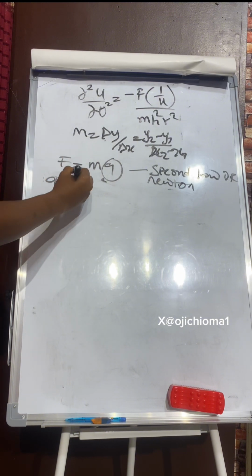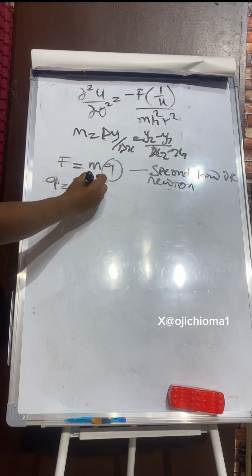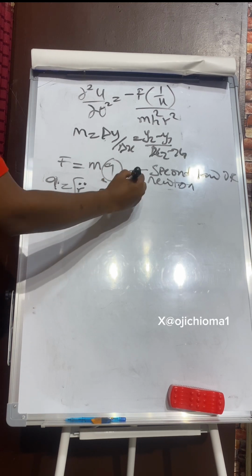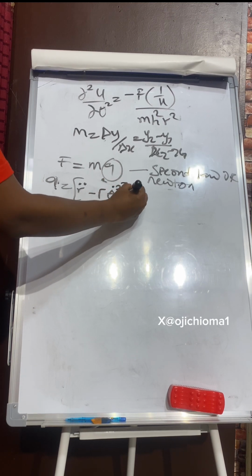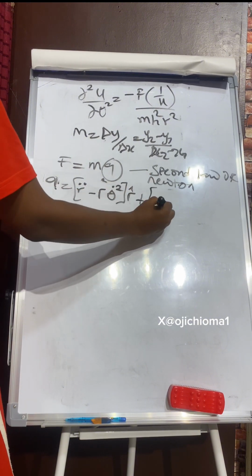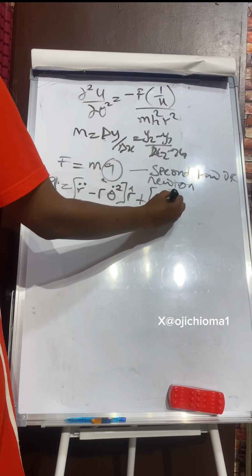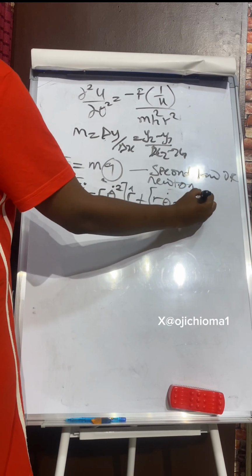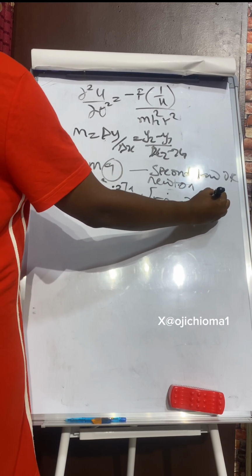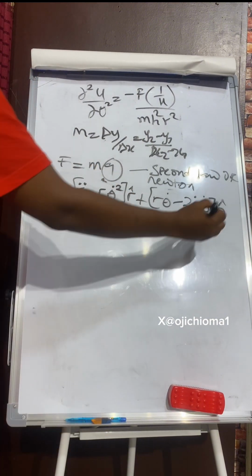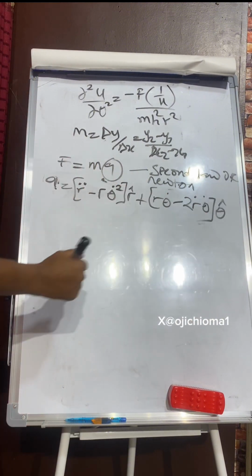For the vector polar position of acceleration, a is (r double dot minus r theta dot squared) times the r direction, plus (r theta double dot plus 2 r dot theta dot) times the theta direction, the angular displacement. This is standard after finding it.